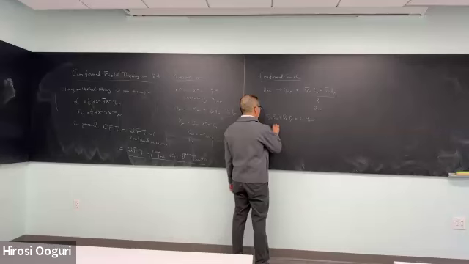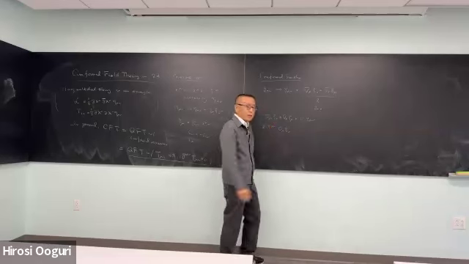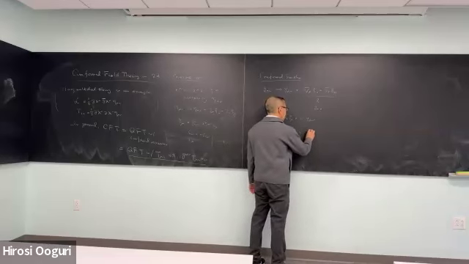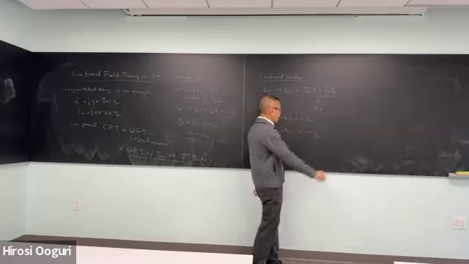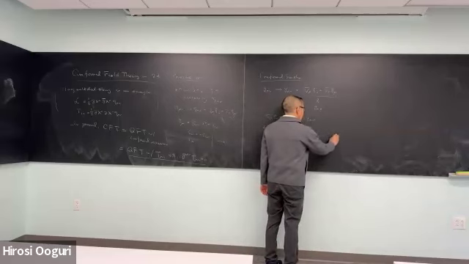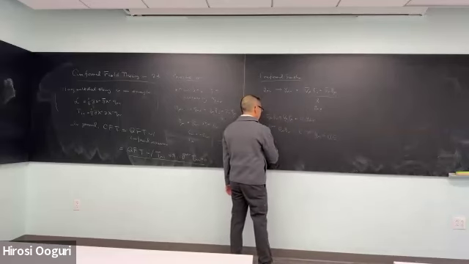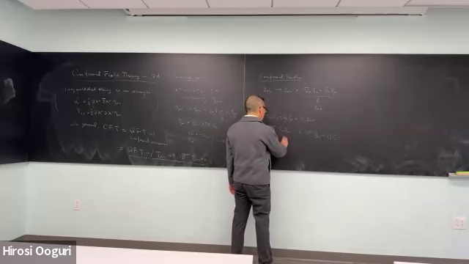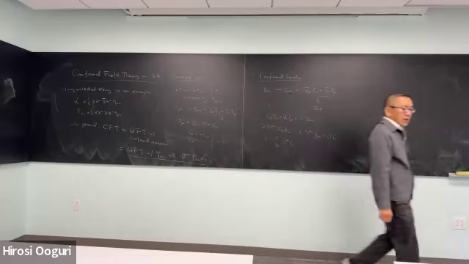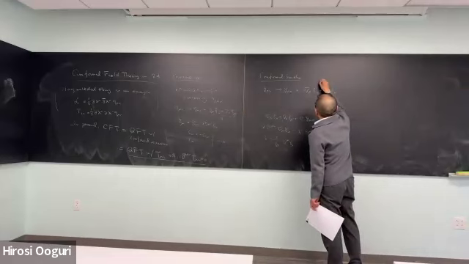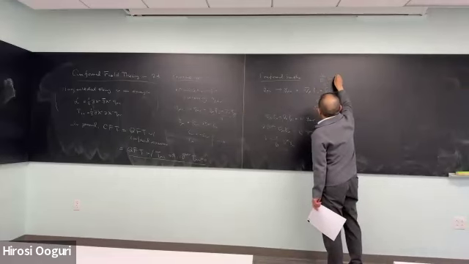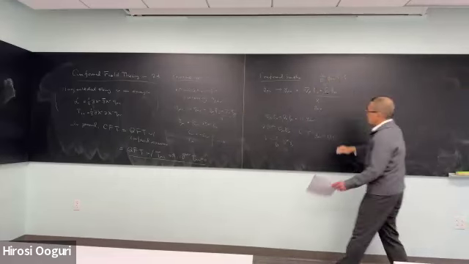So you can write g mu nu del mu epsilon nu, there are two of them, so I put 2 here, is equal to C times g mu nu g mu nu. But if the space-time is D dimensional, this is D. So C is equal to 2 over D times the divergence of epsilon. Therefore, the condition is that this is equal to 2 over D times g mu nu times the divergence of epsilon.